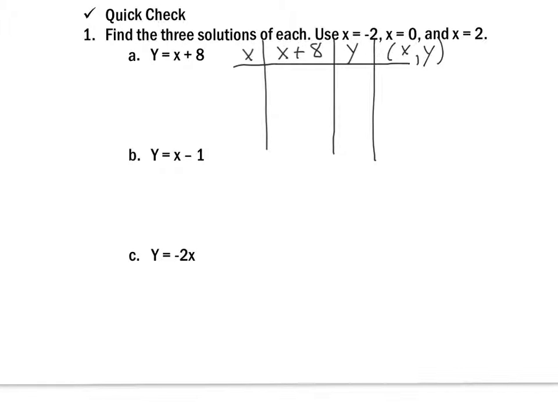So -2, 0, and 2 will go in my x column. -2 plus 8 is going to give me a positive 6. 0 plus 8 is going to give me a positive 8. 2 plus 8 is going to give me a positive 10.